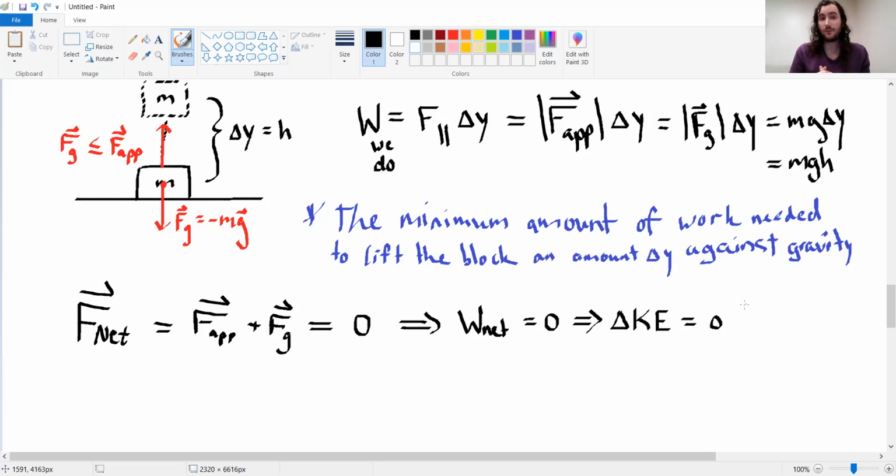So a velocity approximately equal to 0. So it takes us a really long time to do that. And then when we get up to the top, we just hold it there, and we just match the force of gravity there. And this object has gained no kinetic energy in the process. The final velocity is 0, the initial velocity is 0. And during the moving process, we've had a velocity which is approximately equal to 0.